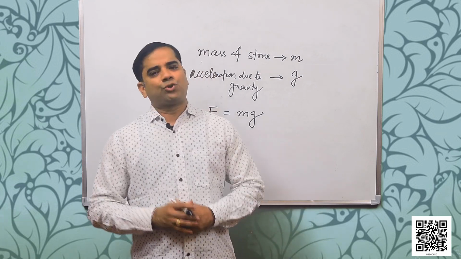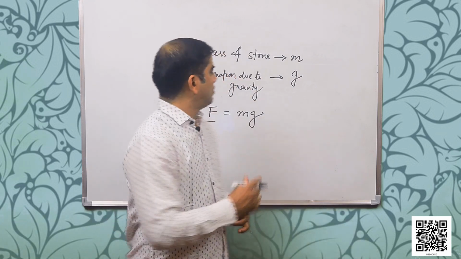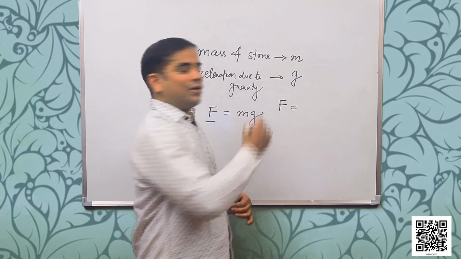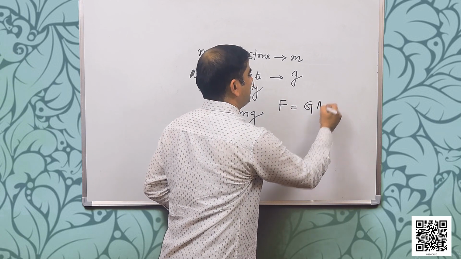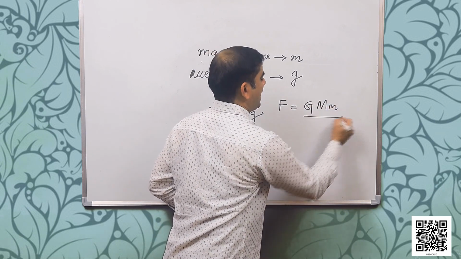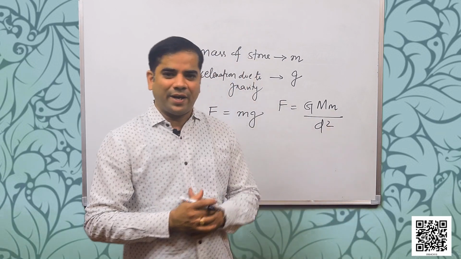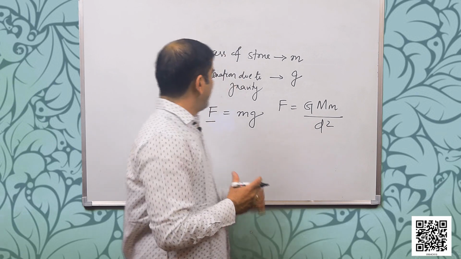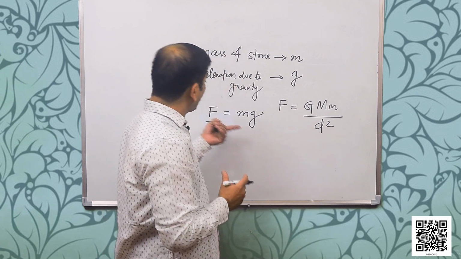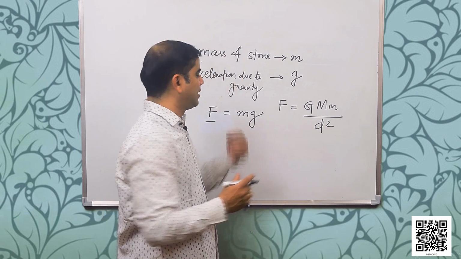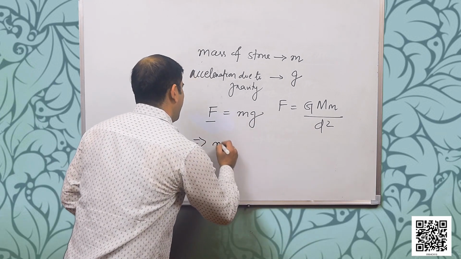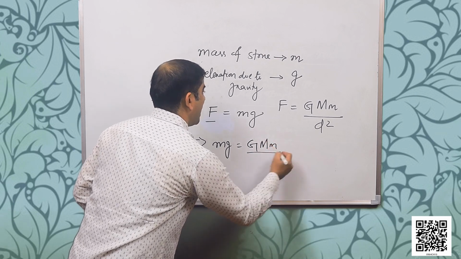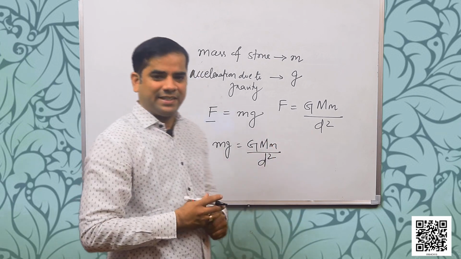Now students, we have already found out that F is equal to G m by d square. So, if I substitute the value of F from this equation over here, we will get mg is equal to G m by d square, isn't it?